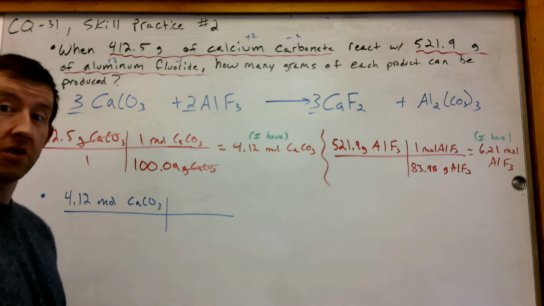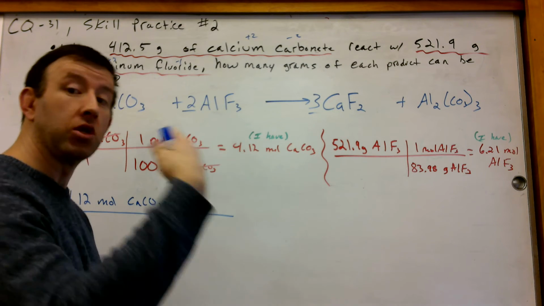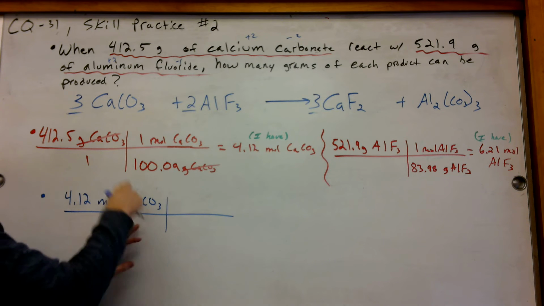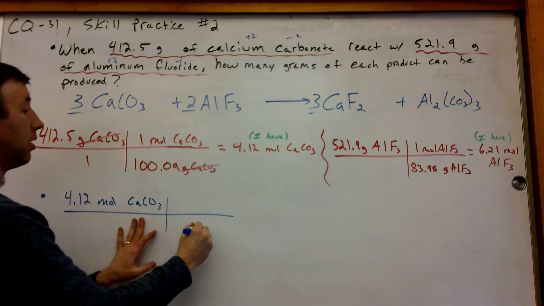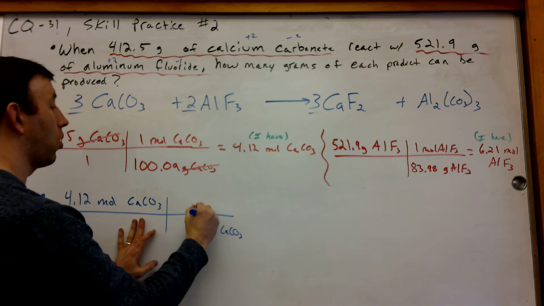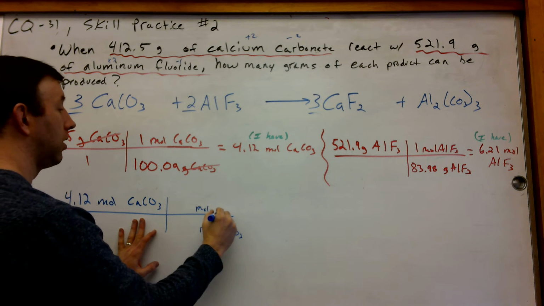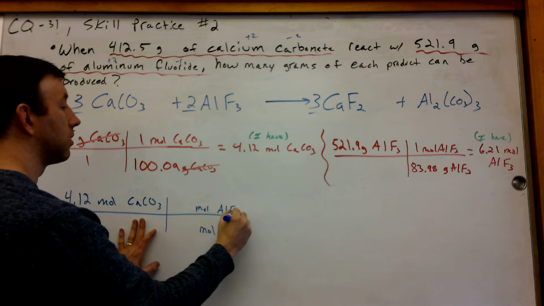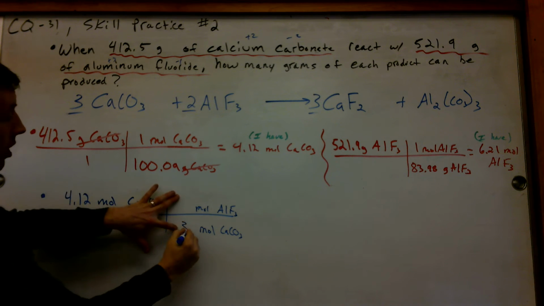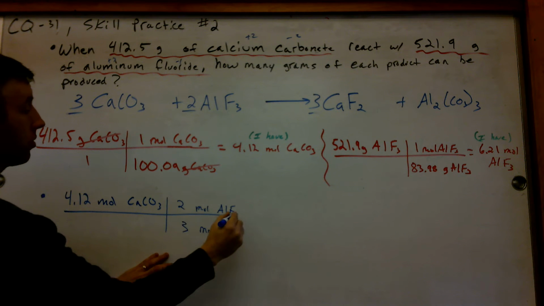It tells me how much of another substance I need to use it all up. All right, so if I have 4.12 moles of calcium carbonate, my ratio is going to be moles of calcium carbonate to moles of aluminum fluoride, right? And my ratio is 3 calcium carbonates to 2 aluminum fluorides.